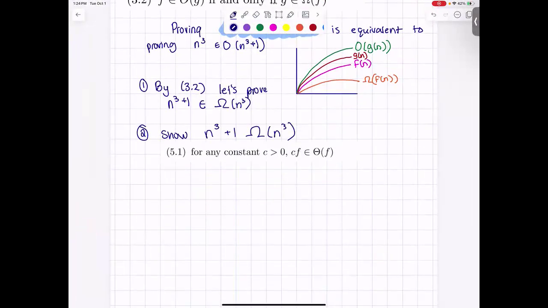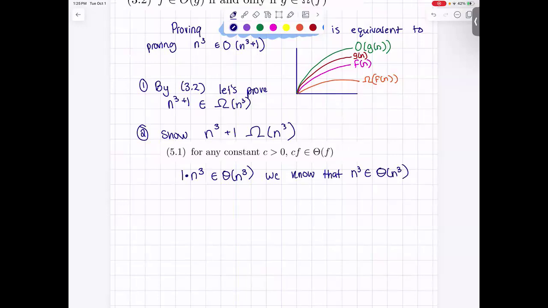This says that for any constant c greater than 0, c times f is in theta of f. So since 1 times n cubed is in theta of n cubed, because of course it is, we know that n cubed on its own is in theta of n cubed.